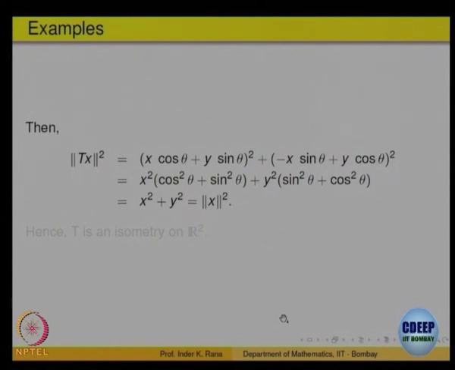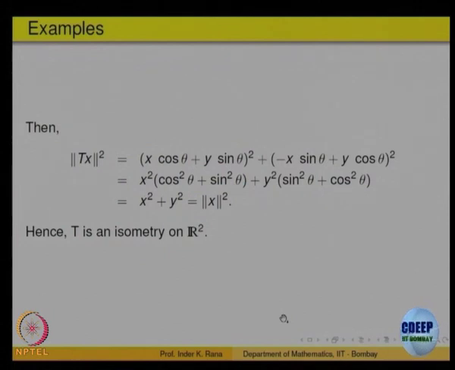So, the condition that preserving inner product is equivalent to preserving distance or magnitude, you can use either of them to prove whether something is an isometry or not. Here computing the norm is easy, so we use that property. And that, as I said, was a rotation. Rotation does not change the magnitude of something. So, as expected, that is an isometry.